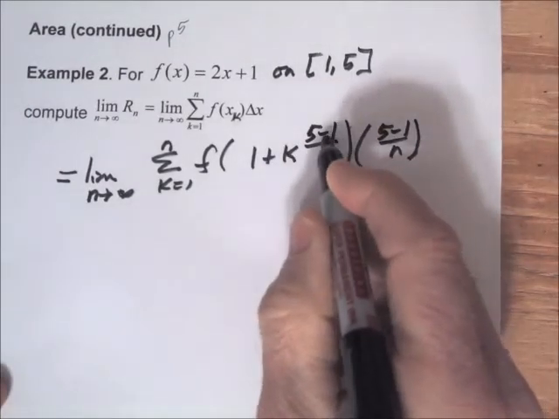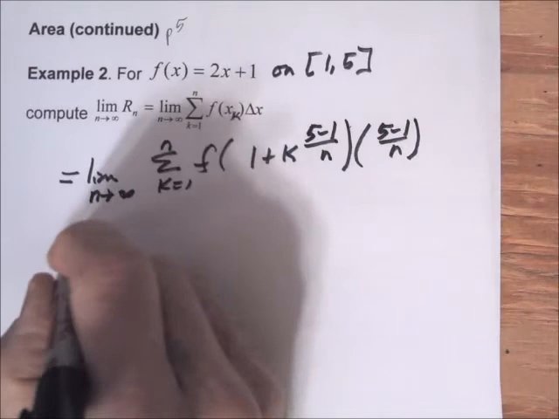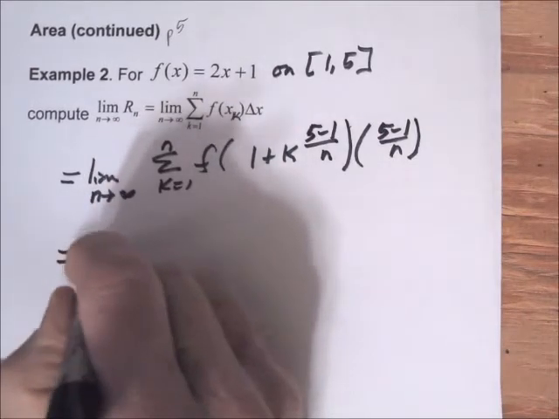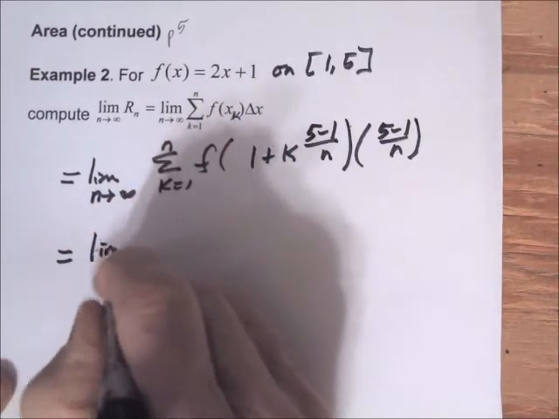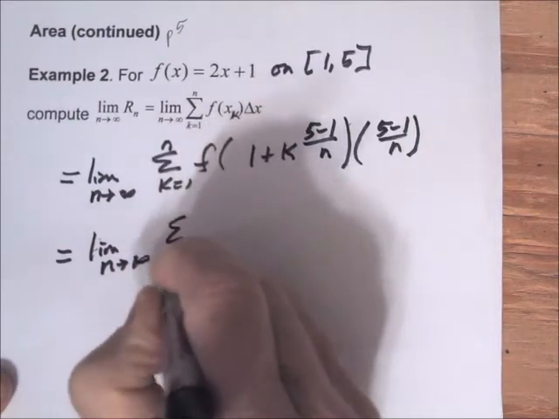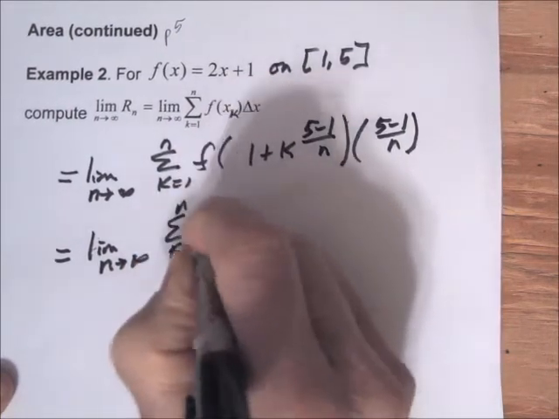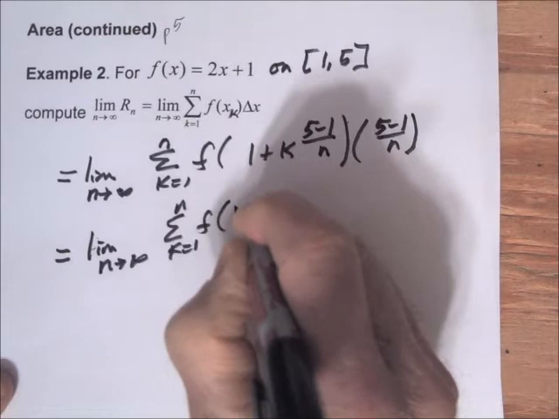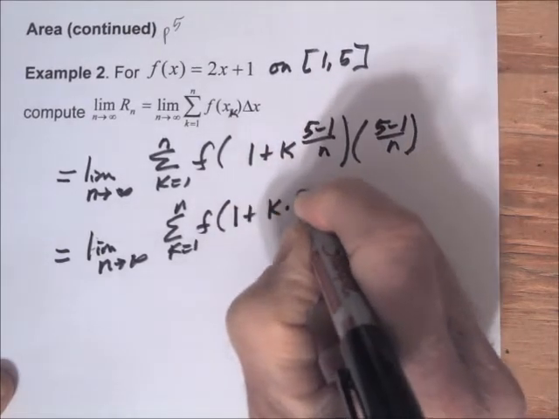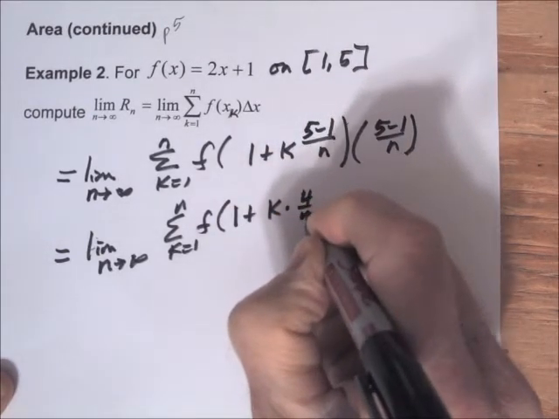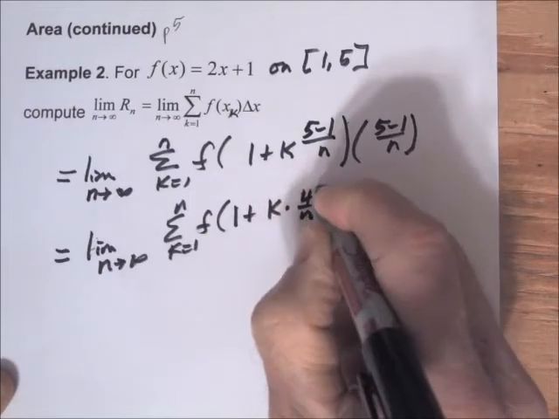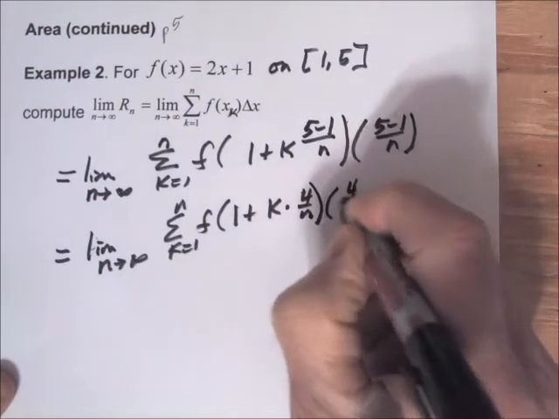So that's the interval width. The limit as n goes to infinity, summation k equals 1 to n, of f of 1 plus k times 4 over n, times 4 over n.